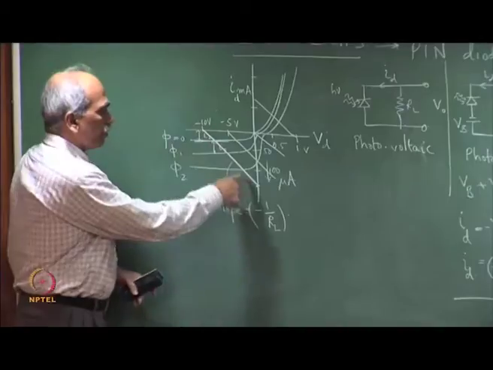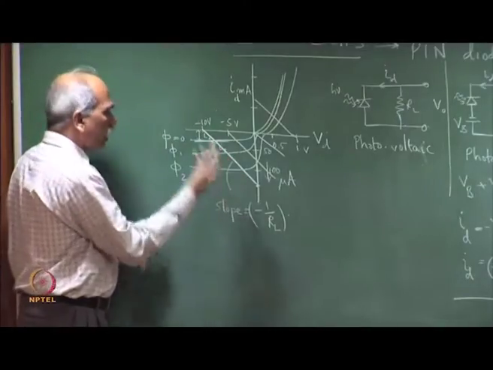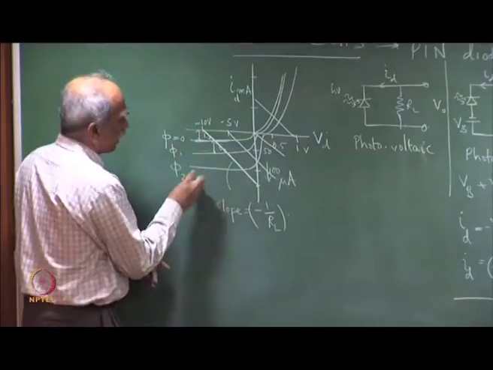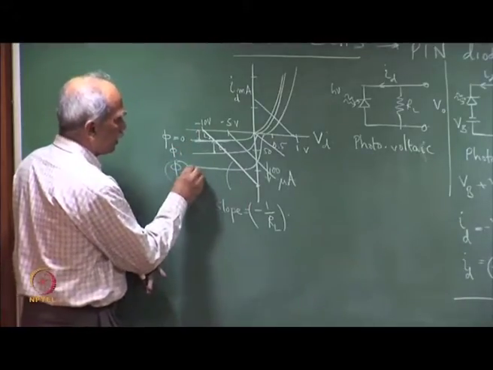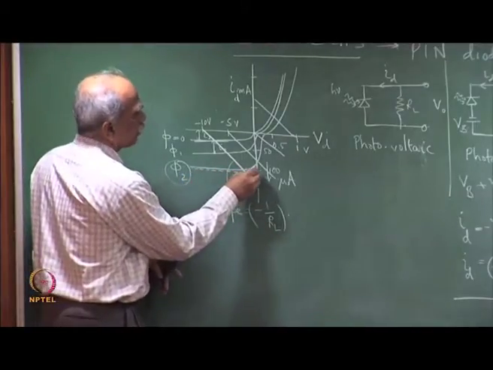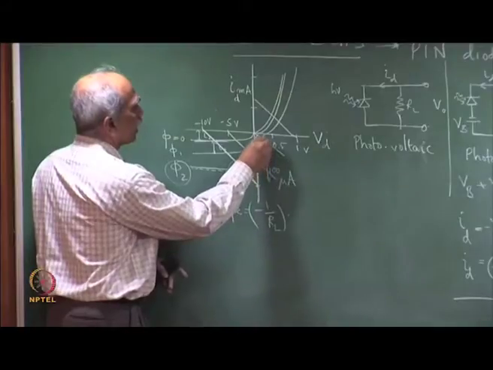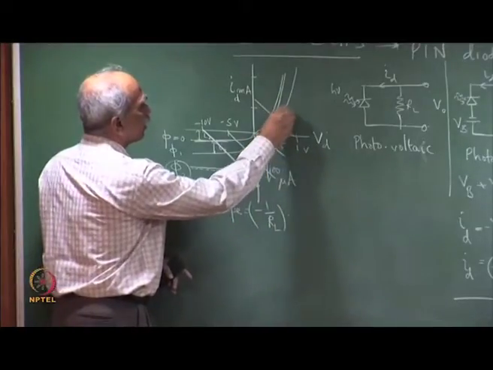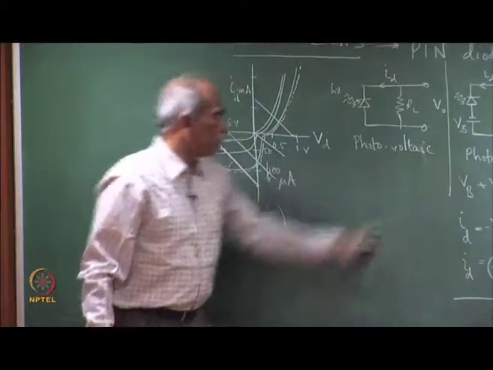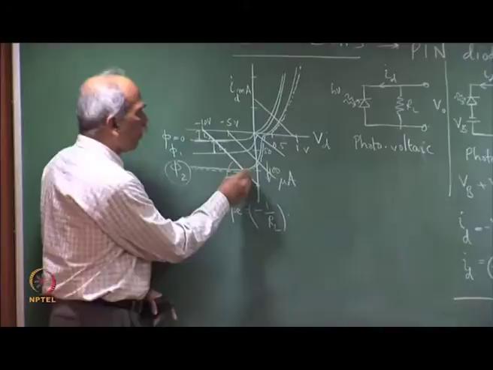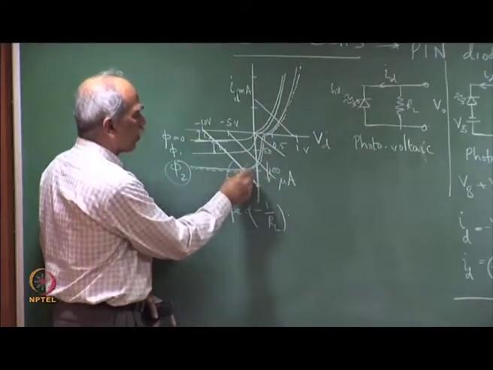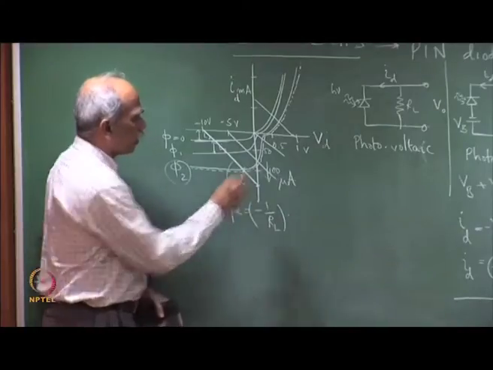So, let me consider only one of them, for example the case of phi 2, that is this curve only. There is an incident photon flux phi 2. I am just showing a dotted line to distinguish that. The intersection of the load line with the I V characteristic is called the Q point, or operation point.